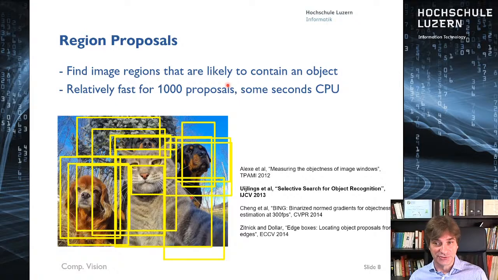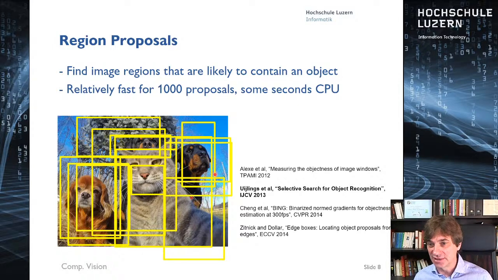So what can you do instead? One idea that people came up with was region proposals. You don't start from the image, take an arbitrary region and try to classify it, but go up from the image and come up with some meaningful proposals for bounding boxes where an object could be.